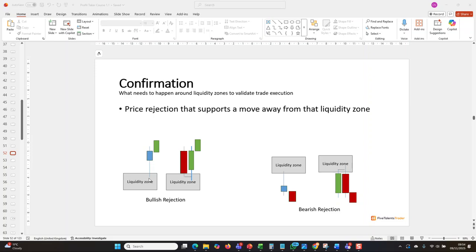So when you get this first candle rejection, then you get the second candle going bullish. It has confirmed that rejection, especially if that bullish candle takes out a prior high, right? Then that's confirmation. So that's one confirmation and rejection.